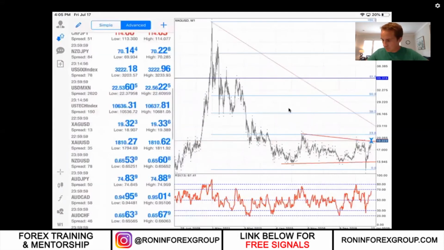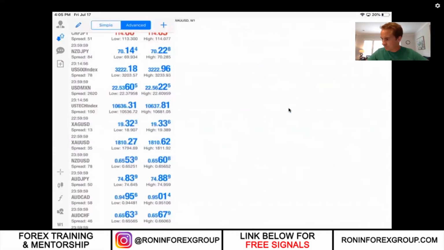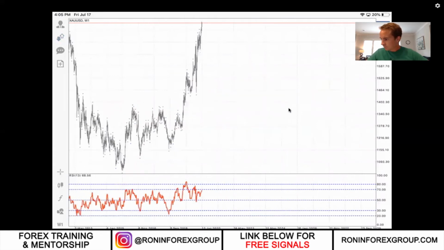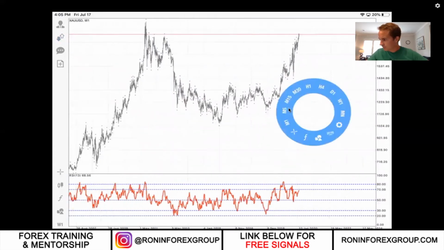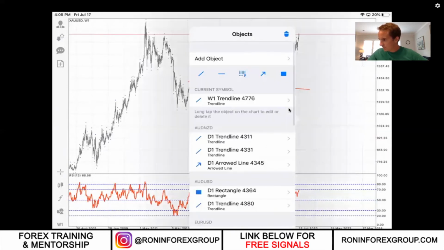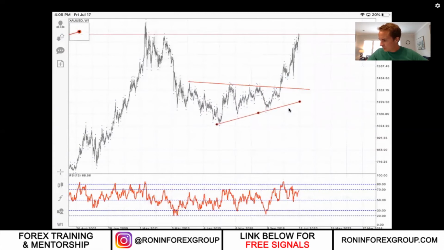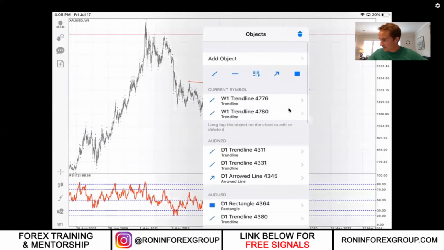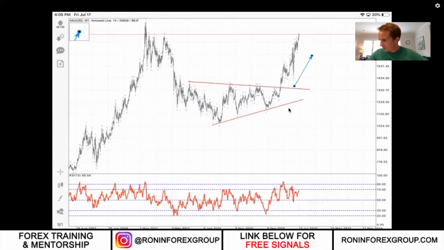Now go to gold, and you can see here's a wedge similar to the wedge we were just looking at. And here's just this massive breakout, right? They were way up here, 1810.